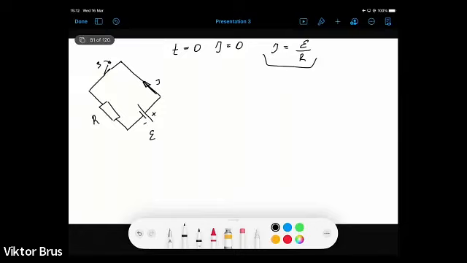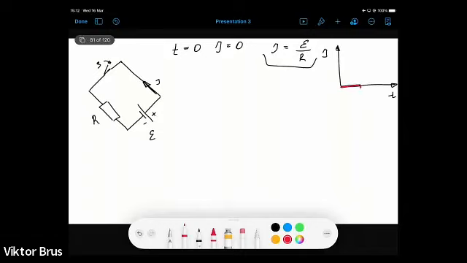However, the question will be how, over time, it will set. So how will current change? Will it change immediately, so instantaneously? Let's say we have current versus time. So here we had 0 current.